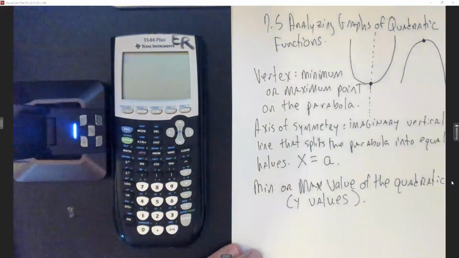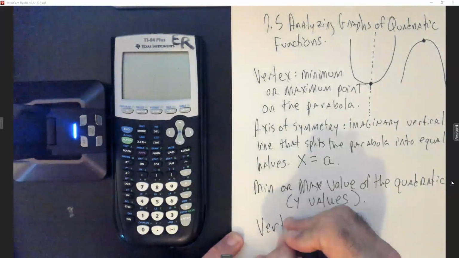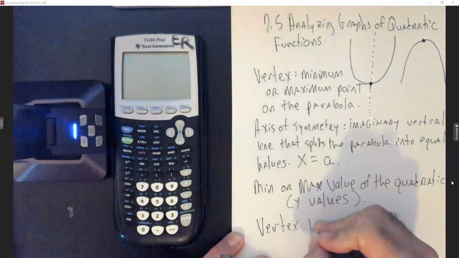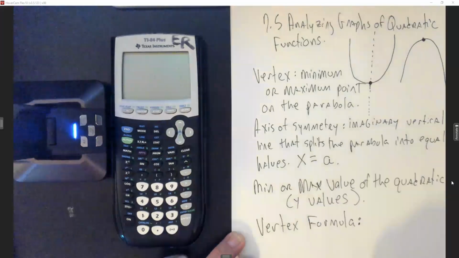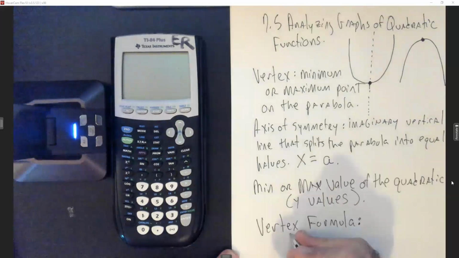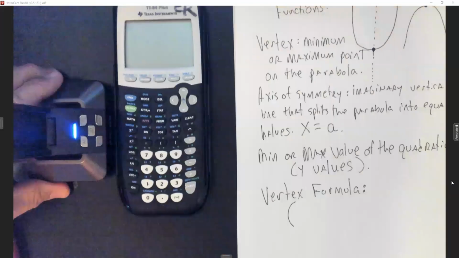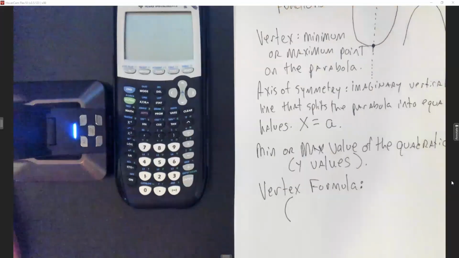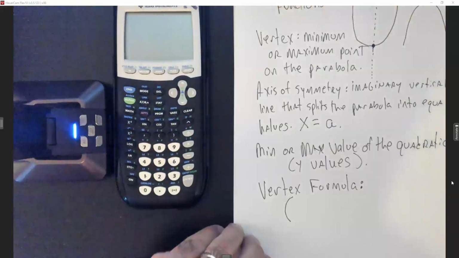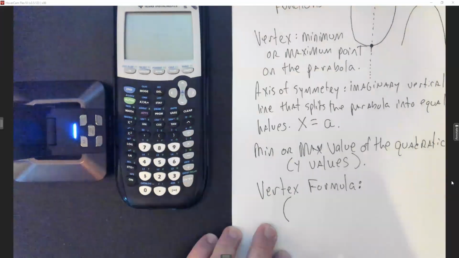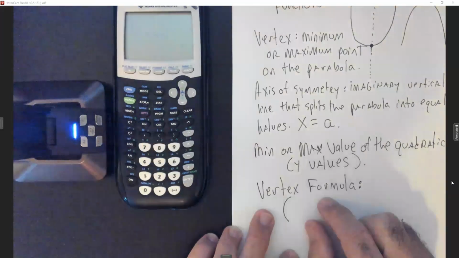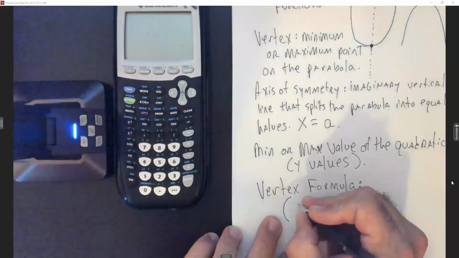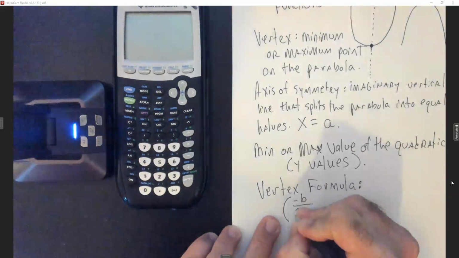Now we got a formula we use to find the vertex, so we're going to use what we call the vertex formula. Now, since the vertex is a point on the parabola, the actual vertex will be finding that value. So to get the x value of the vertex, we use the formula negative b divided by 2a.